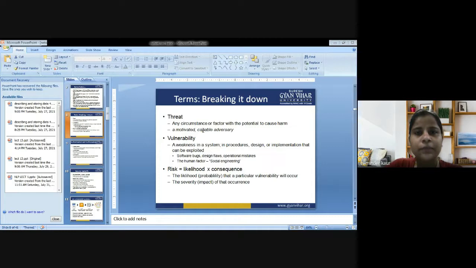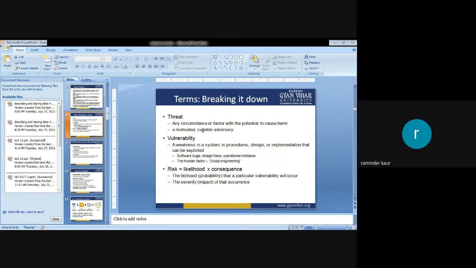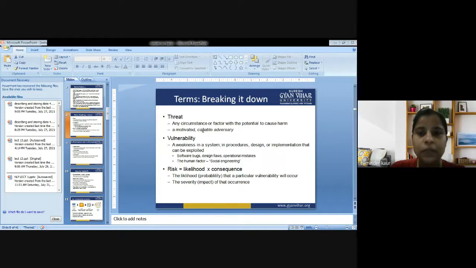What is a threat? In layman's language, a threat is a risk: any circumstance or factor with the potential to cause harm, a motivated and capable adversary. Vulnerability is concerned with a weakness that is present in the system, in procedures, design, or implementation that can be exploited.